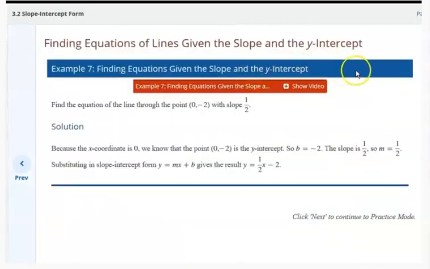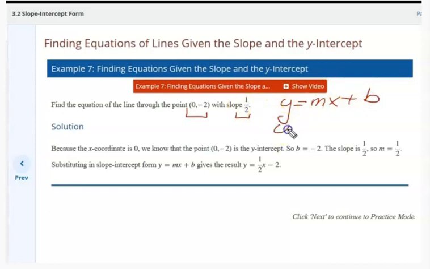Now, from example 7, they're giving us something rather easy. So here, they're giving us the y-intercept, and they're giving us the slope. And they want you to put this in slope-intercept. Y equals mx plus b.